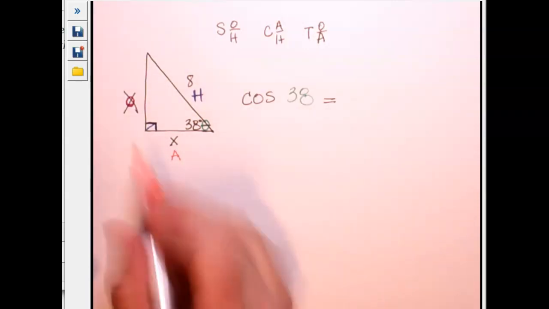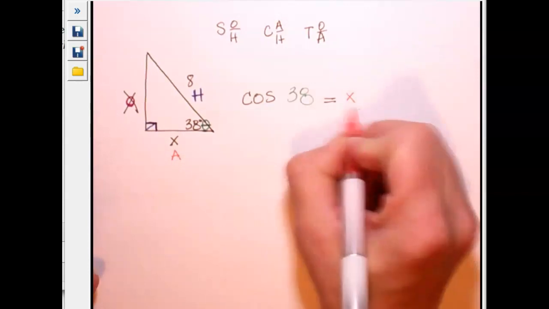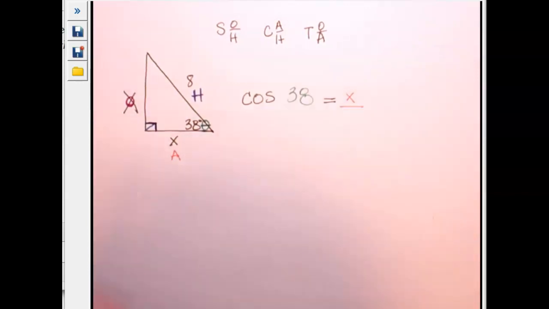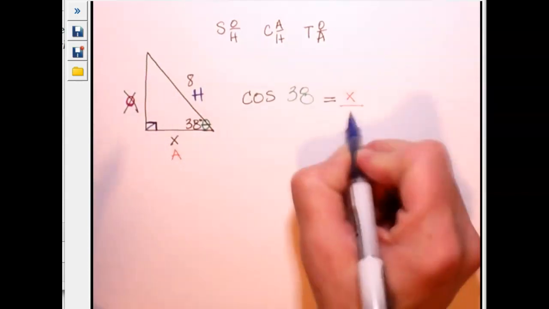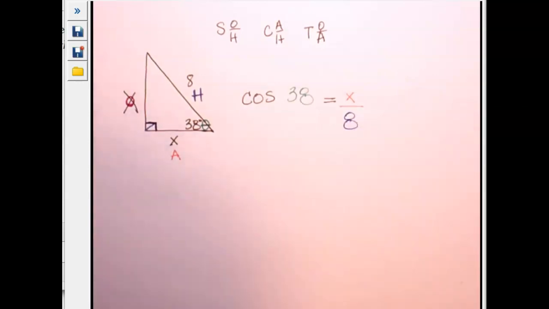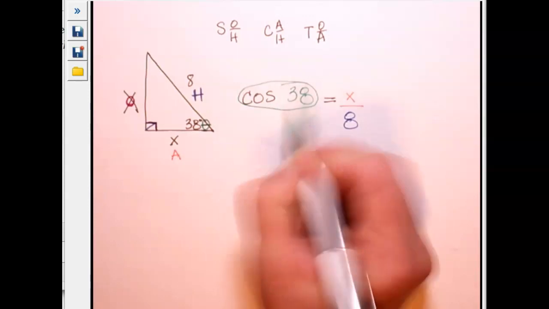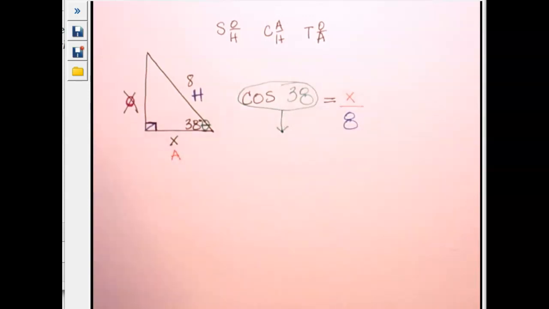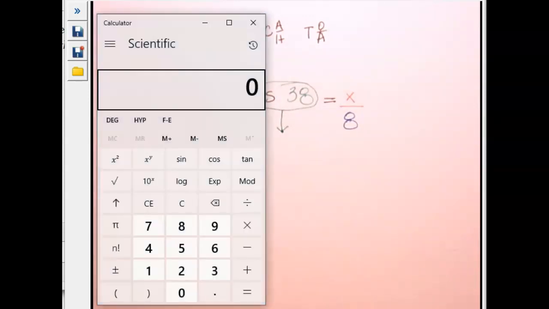The adjacent is x. And then over the hypotenuse is 8. So just like this. So again, very first thing that we want to do is we want to figure out what is the cosine of 38. Okay, so the very first step, and again, I'm going to pull that calculator up.